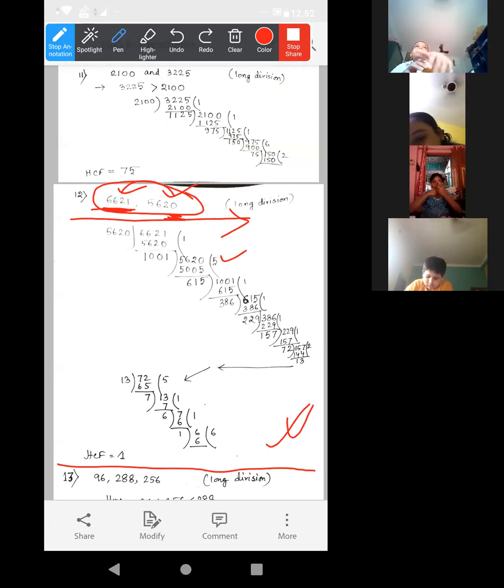Suhana, can you say? Individually these 2 are not prime, but if we take them together, then they are co-prime.